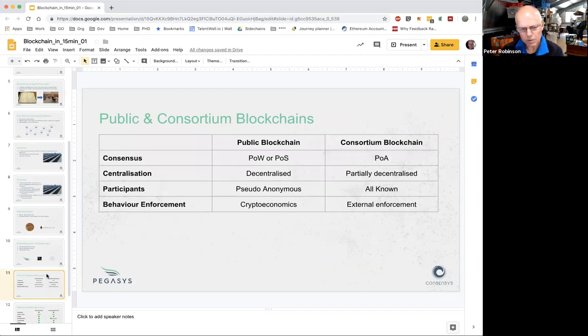With blockchains, you want to enforce good behavior. For instance, you don't want people spamming the network. Public blockchains use something called crypto economics, which essentially means economic incentivization to do the right thing and fining you if you're trying to do the wrong thing.